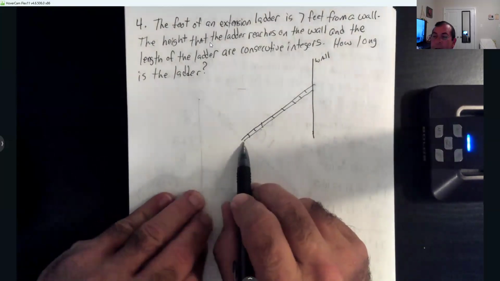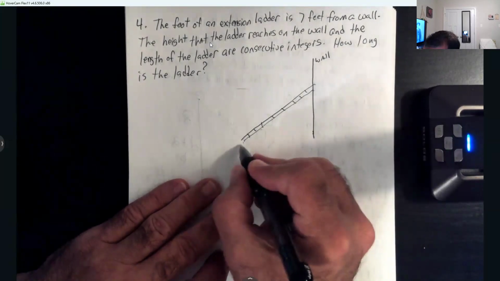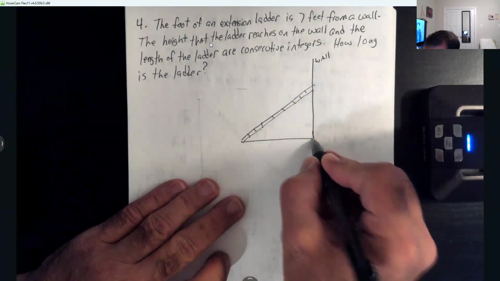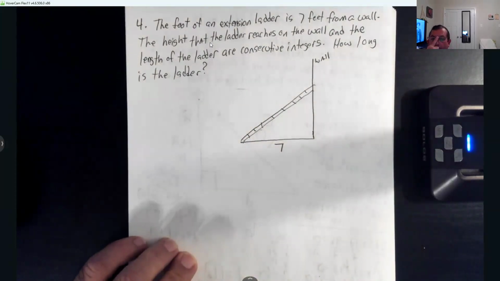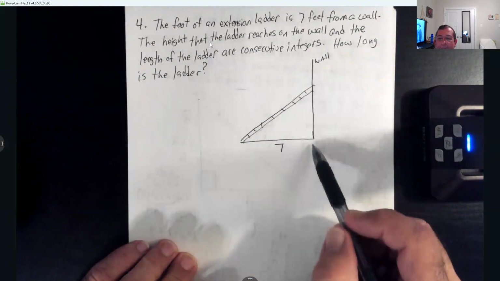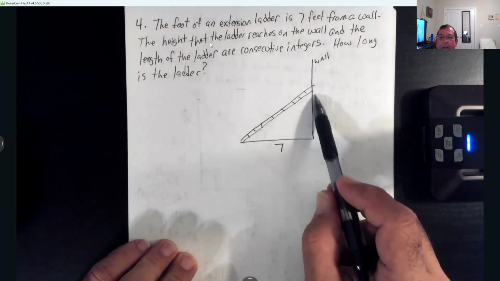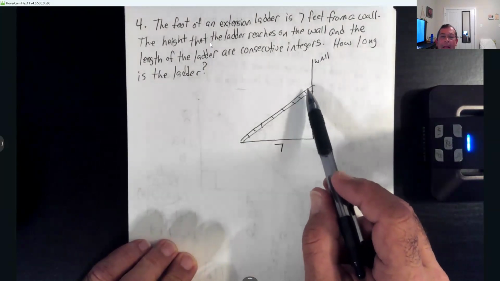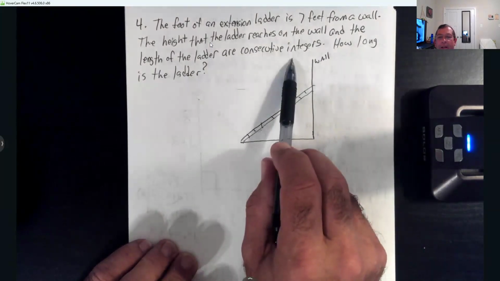They're telling me that the foot of this ladder right here is 7 feet from the wall. So this distance right here is 7 feet. Then they say the height it reaches on this wall and the length of this ladder are consecutive integers.